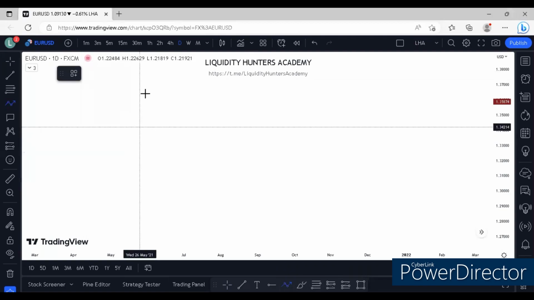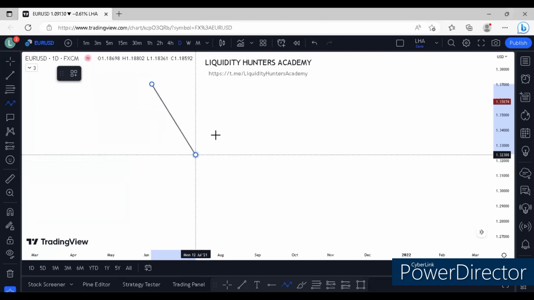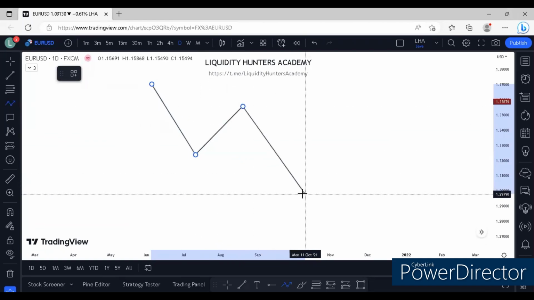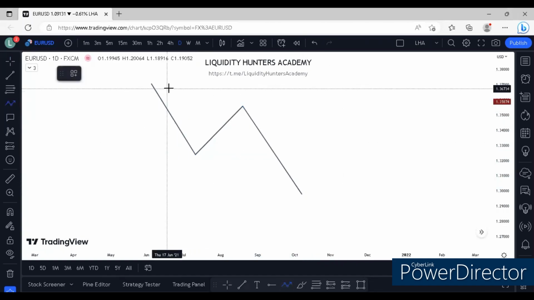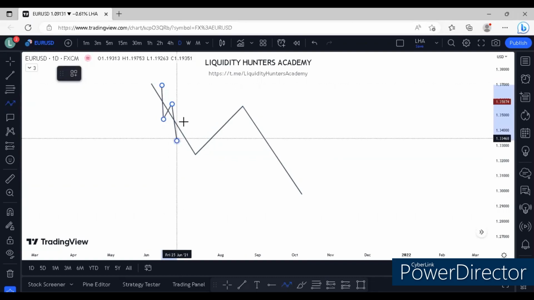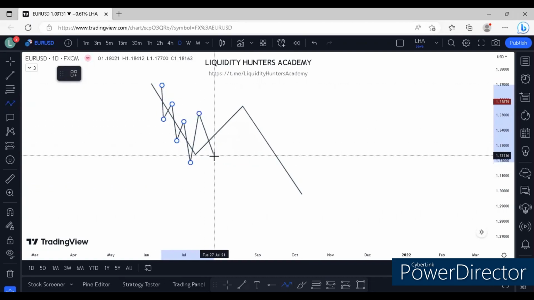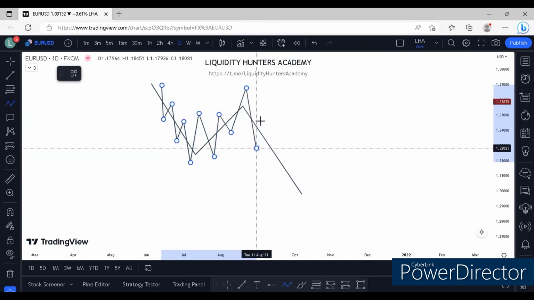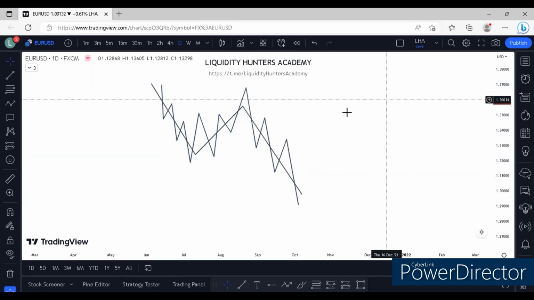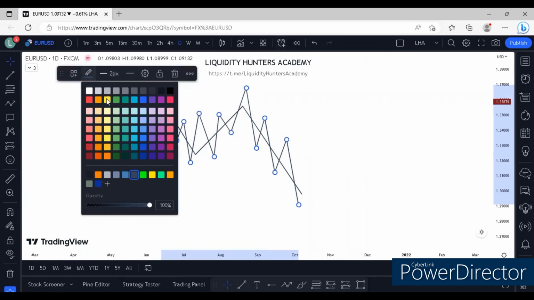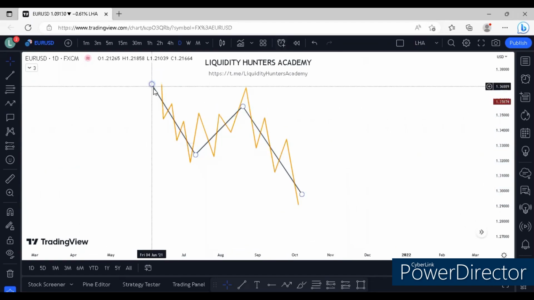So, for example, if this is your daily time frame, I'm gonna be really fast here. Okay, I'm gonna just change color. Okay, so the black one is the daily, and this is the 4 hours.